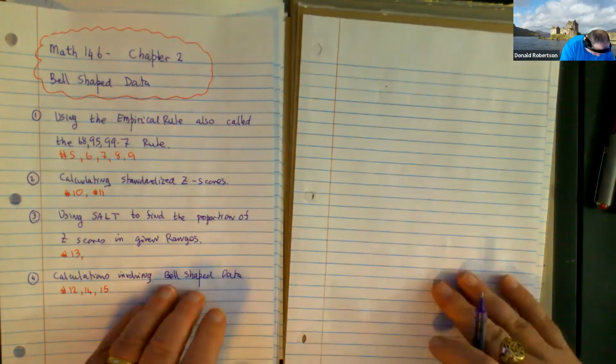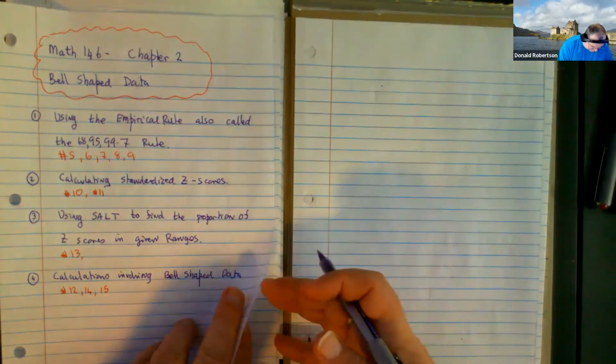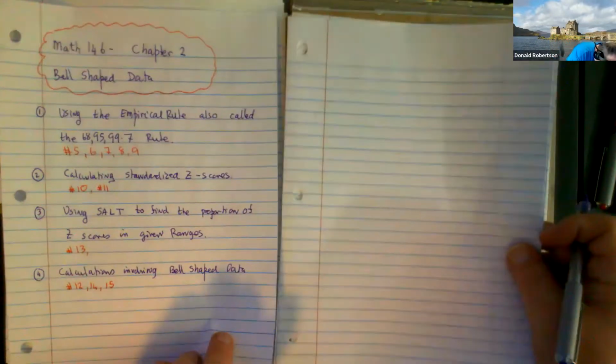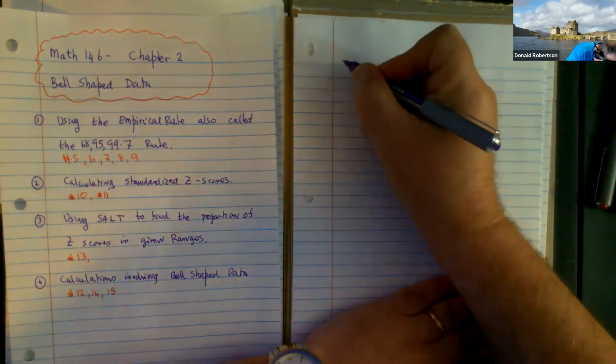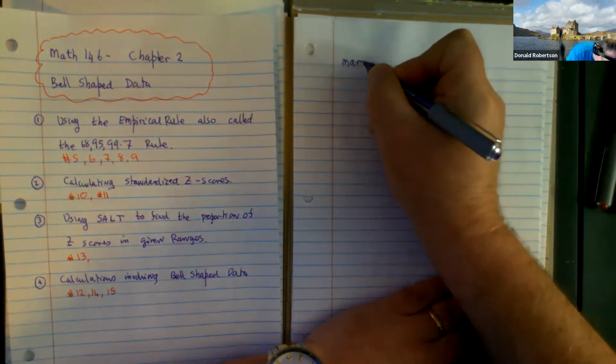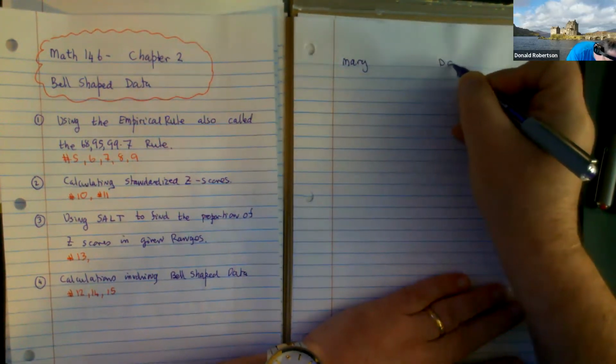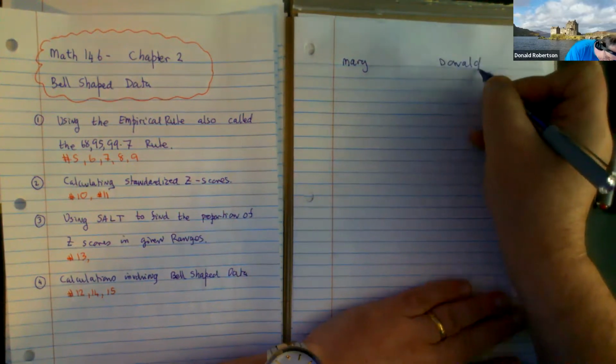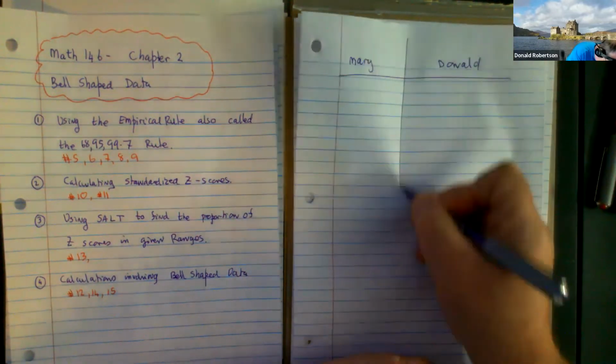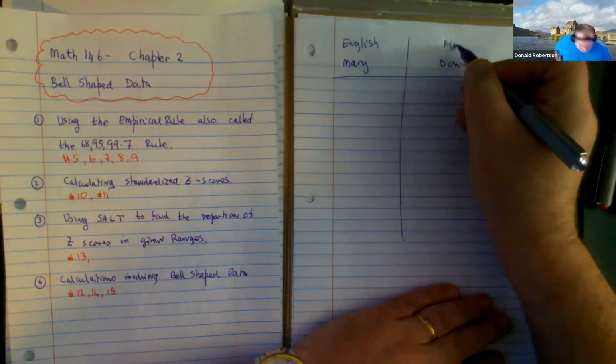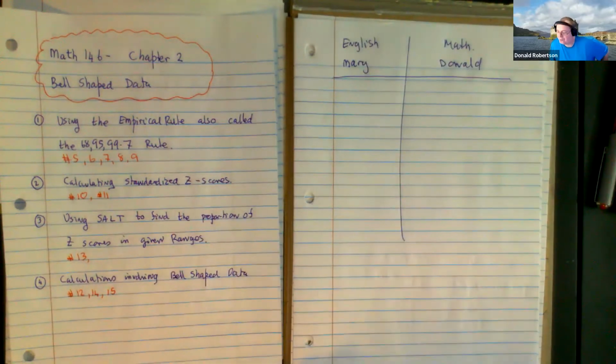we have two people, let's say twins. One of them is going to be called Mary, and the other one's going to be called Donald. And Mary was into English, and Donald was into math. Actually, that's one of my sisters.